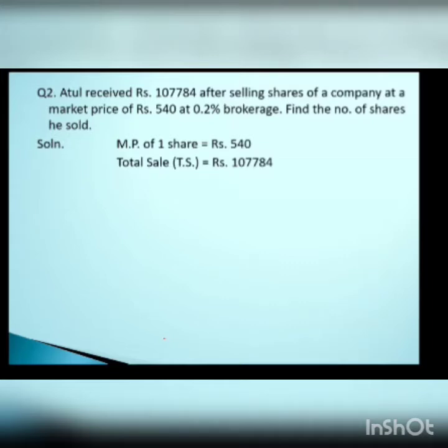All right. Next will be the rate of brokerage that is given as 0.2 percentage. So just calculate the brokerage first of all and let me know what brokerage you got here. How much is the value of the brokerage when you obtain it with respect to the 0.2 percentage?